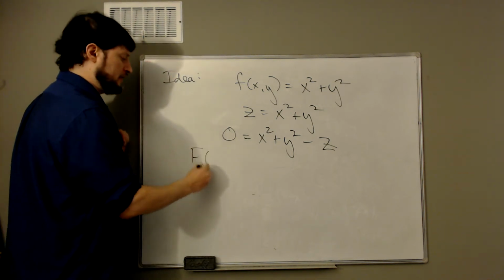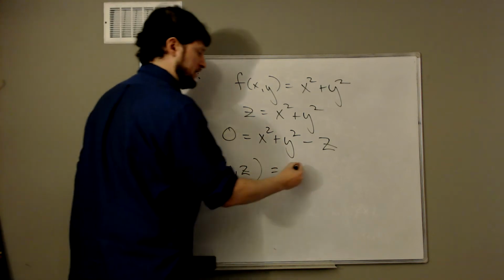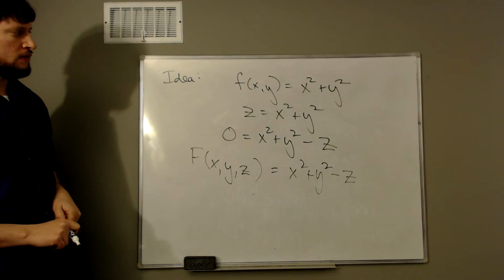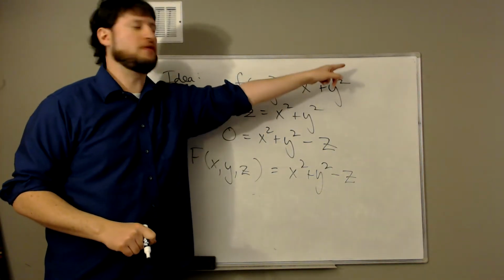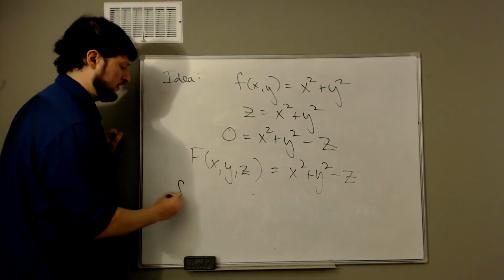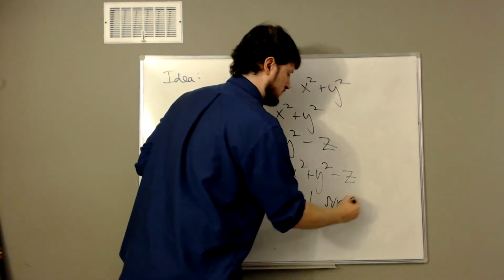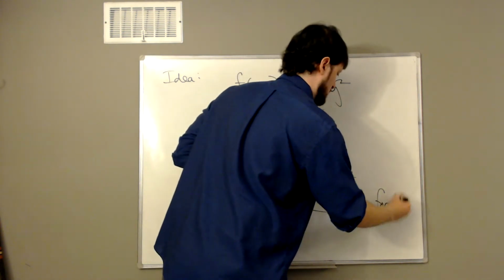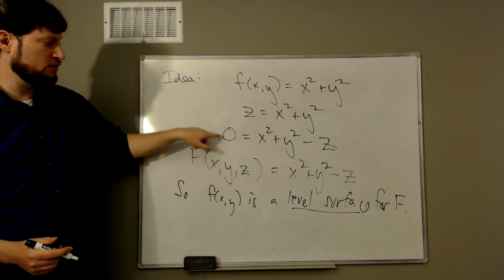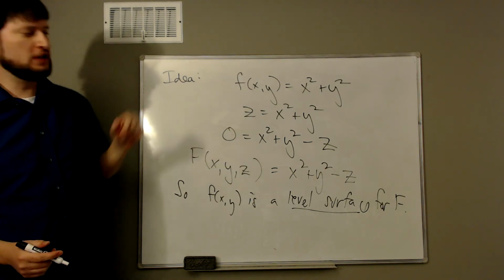Let's look at the function of 3 variables. Big F at x, y, z is x squared plus y squared minus z. This surface, I get the equation by setting 0 in for F. So little f is a level surface for big F. Because if I take the equation for big F and I put the constant 0 in, then I get the equation of little f back.